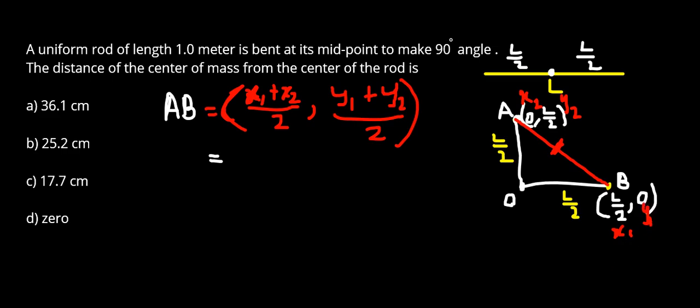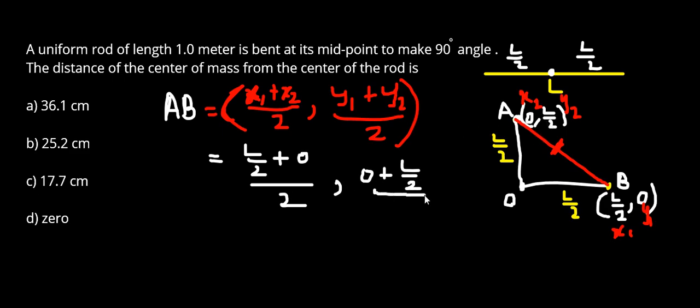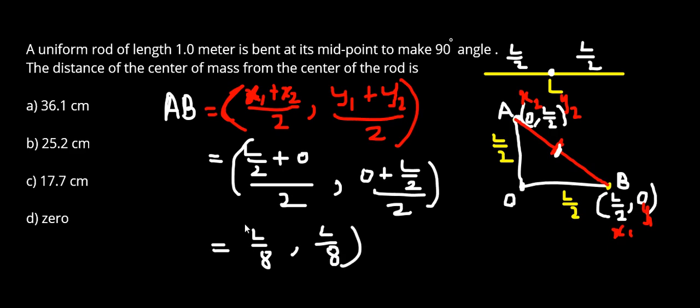By substituting this here, x1 is L by 2 plus x2 is 0, by 2, comma y1 is 0 plus y2 is L by 2, by 2. By solving this, you will be getting the midpoint as L by 4 comma L by 4. This is going to be the midpoint. Let us write here L by 4 comma L by 4.